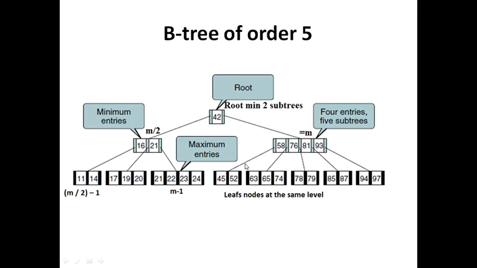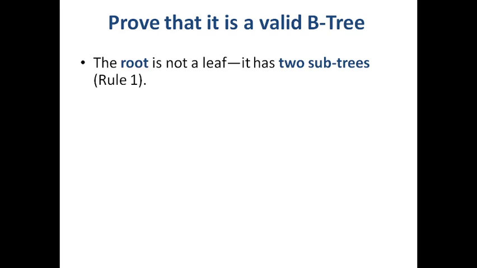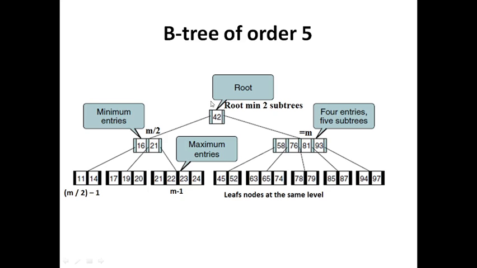Let me just summarize the points again. To prove that it is a valid tree, point number 1, the root is not a leaf and it has 2 subtrees. Rule 1 is verified.